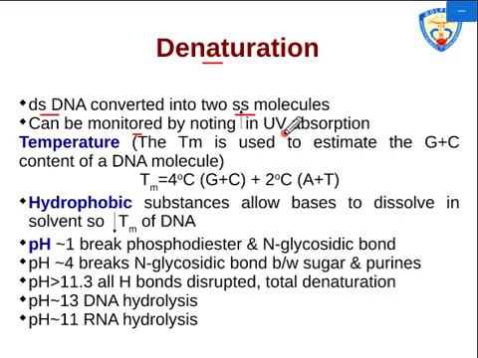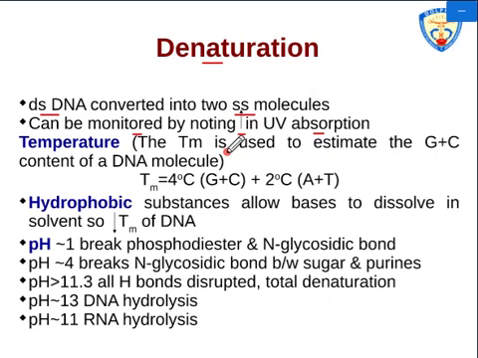In the last lecture we discussed the property of absorption, and I told you that free nitrogenous bases absorb maximum ultraviolet light at 260 nanometers. A double-stranded DNA absorbs minimally, and when you denature a double-stranded DNA into the single-stranded form, you can study this by noting an increase in the absorption at 260 nanometers.